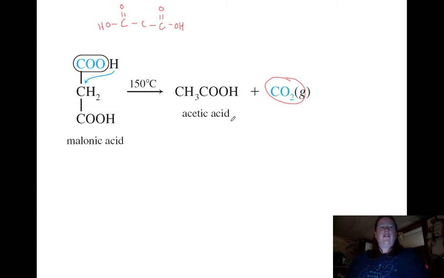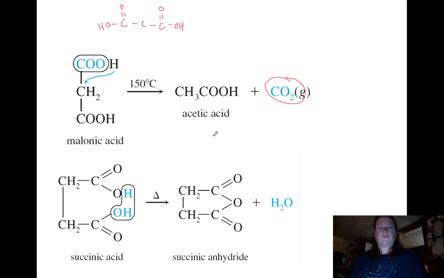So in another reaction, this decarboxylation reaction, this is succinic acid, which is a 4-carbon chain, and it's drawn a little bit differently here. Instead of COOH, like what we have right there, we have this carboxylate group right there.